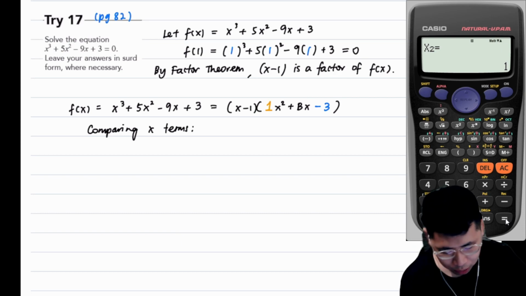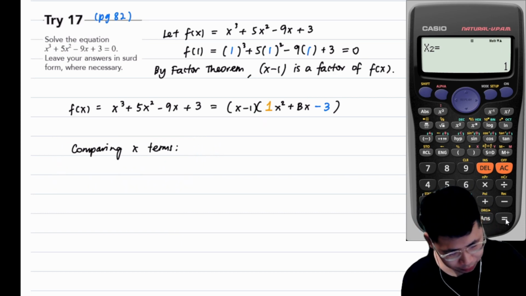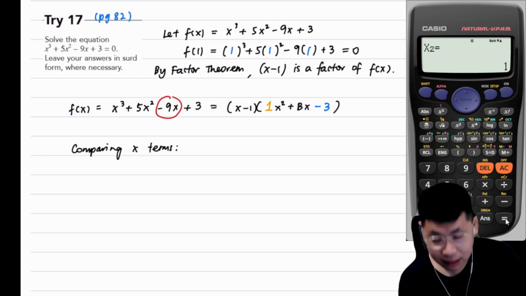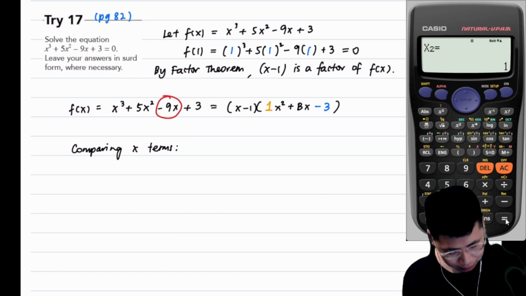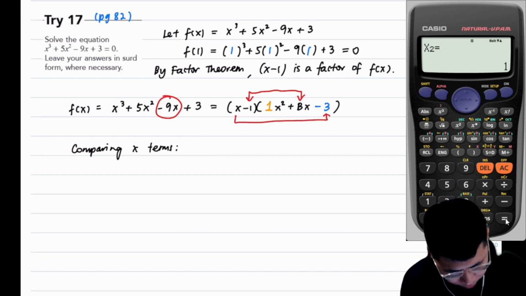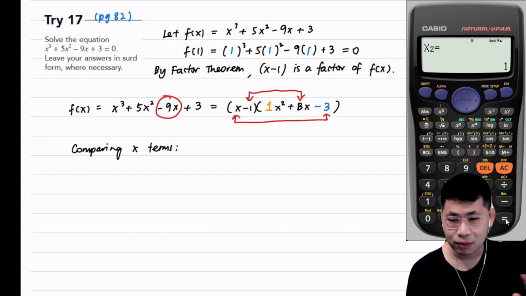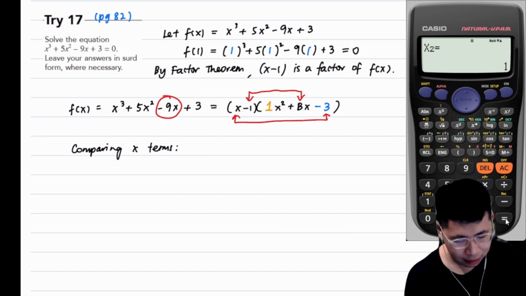So how do I get my x terms? On the left hand side will be negative 9x, and my x term will come from multiplying bx times negative 1, and also from this negative 3 times x. Do you see this? The multiplication of these things will give me my negative 9x.